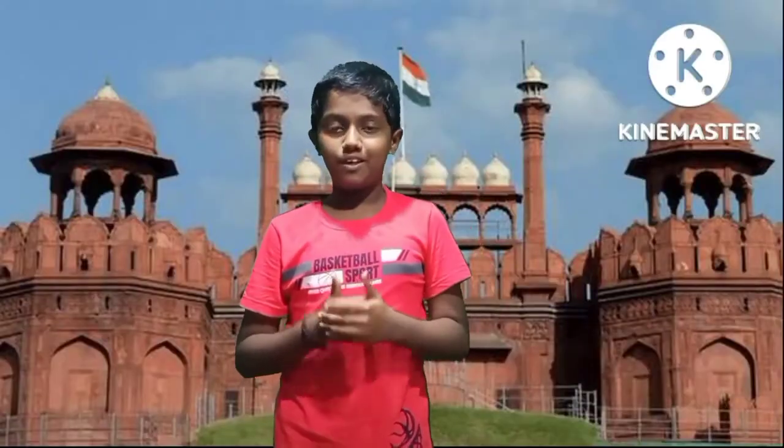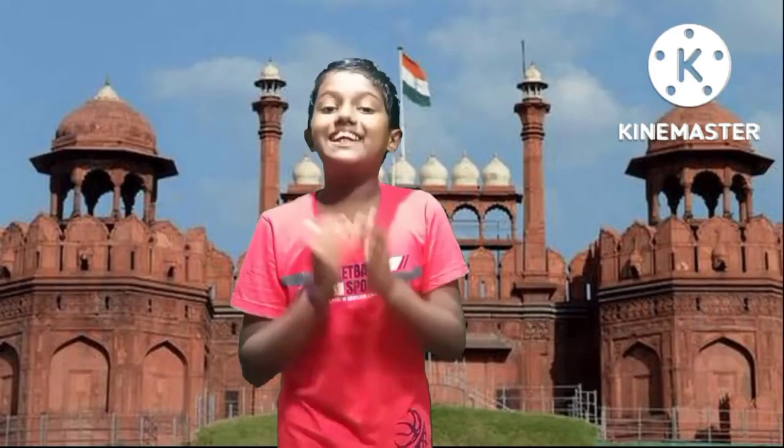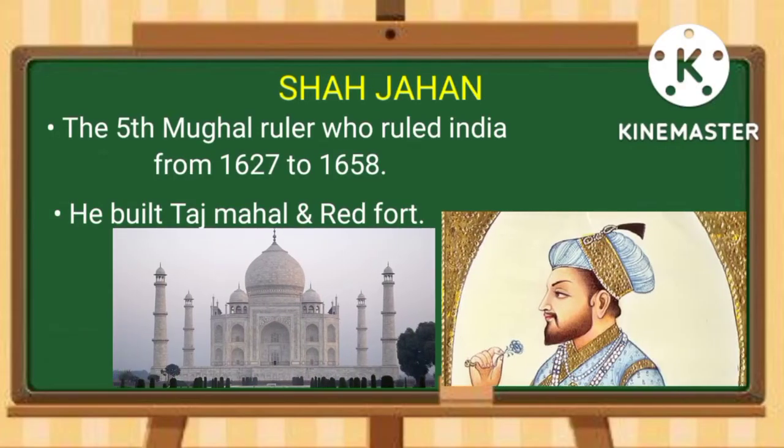I will give you a clue: he is the Mughal ruler who made the Taj Mahal for his wife. He made the Red Fort. Who is he? Yes, Shah Jahan. Shah Jahan is the fifth Mughal ruler who ruled India from 1627 to 1658.